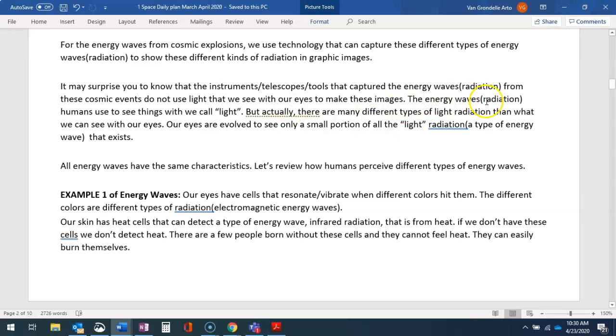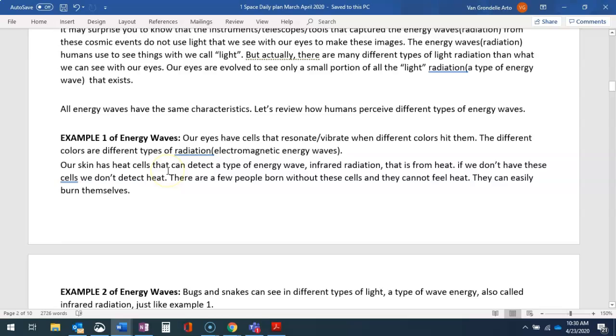Okay, the energy waves that humans use to see things we call light. But actually there are many types of light radiation other than what we can see with our eyes. So there's a lot of light radiation out there that we cannot see. Our eyes evolved to only see a small portion of the light radiation that exists.